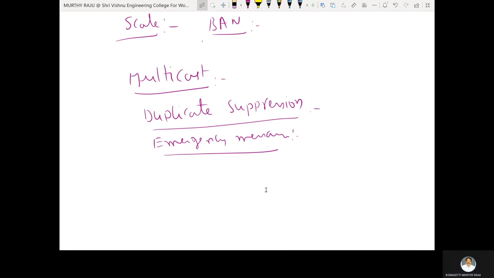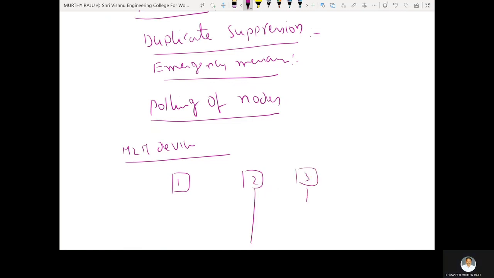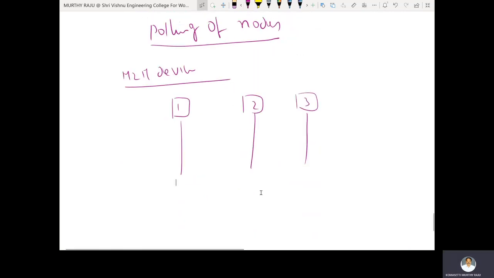Next one, polling of nodes. Everybody must know the polling. M2M devices are there in the device area. This is device 1, 2, 3. Device 1 has some data ready to send to device 2.